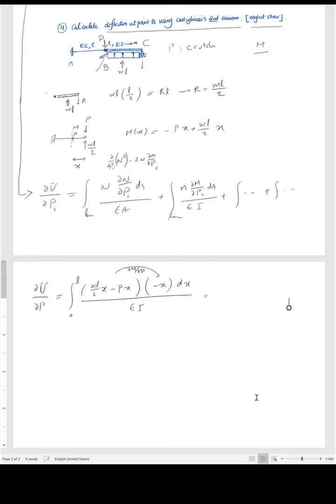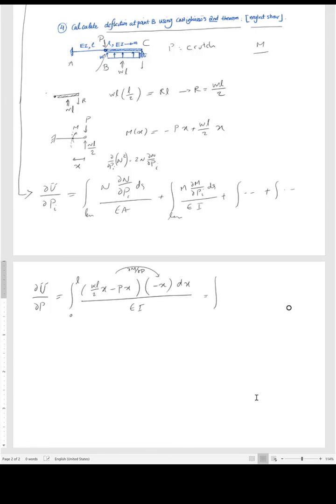Now if I evaluate this, at this point I can actually go ahead, because P has played its role, we are done with it. We can right here put its value equal to 0.